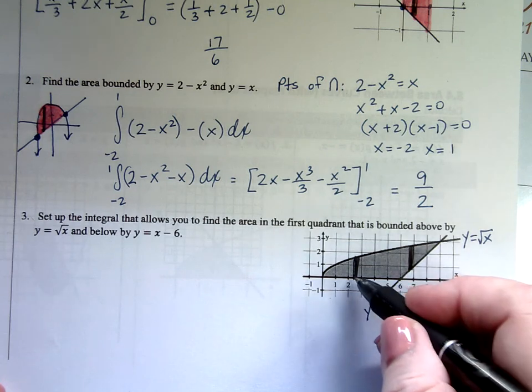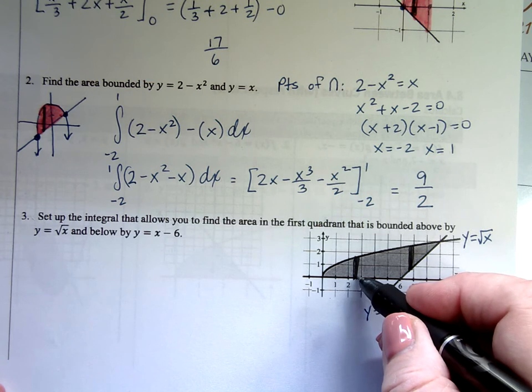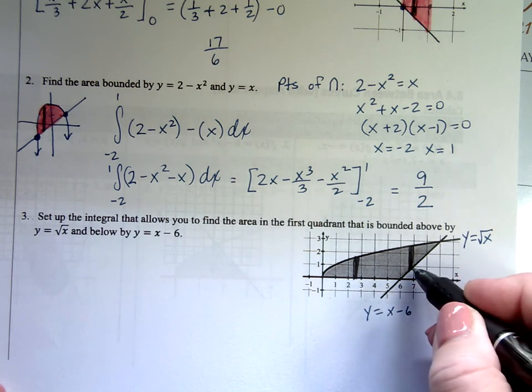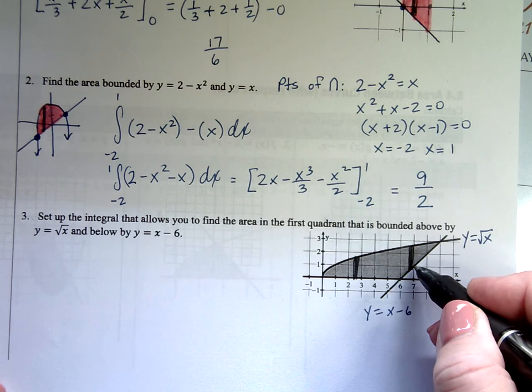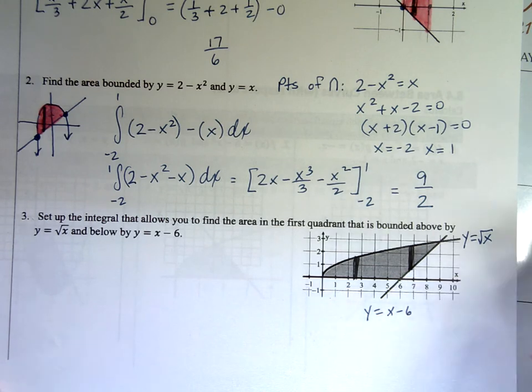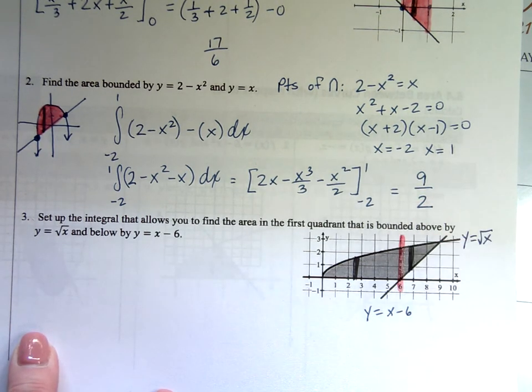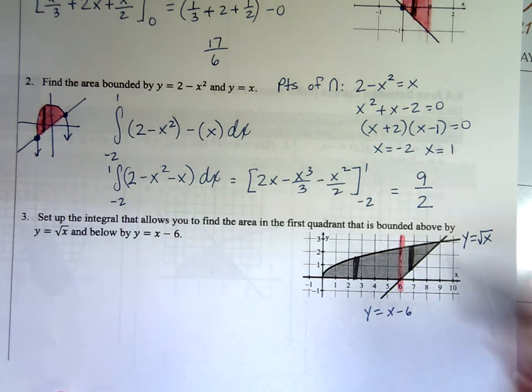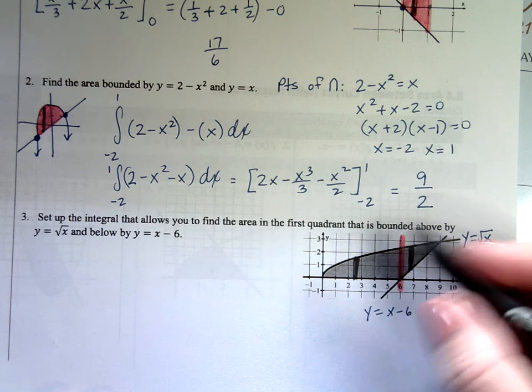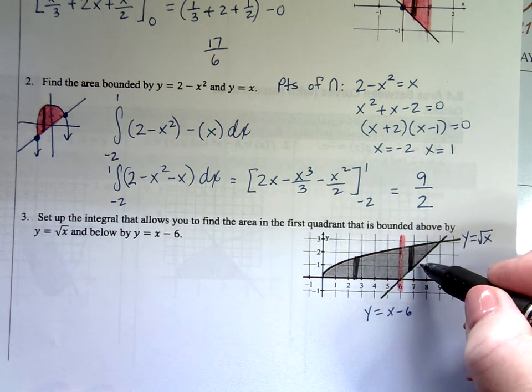This representative rectangle is going to have a different integral than this guy here, because the top is the same, but the bottoms change. Where do they change? Now this is important to us. They change right here, right? They change right there at 6. That's when my top is the square root of x, this is 0. My top is the square root of x, and then the bottom's the line.